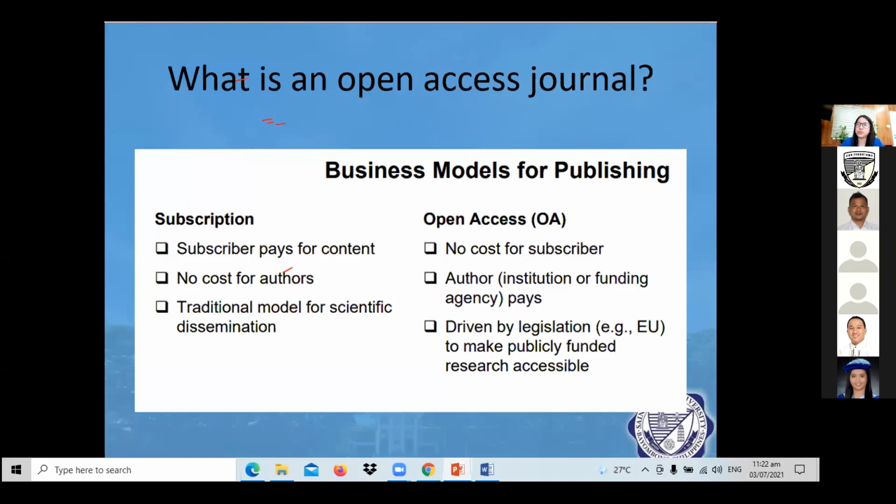So that's also one of the things you have to watch out for just in case you're going to publish. For me, personally, I had already encountered a predatory journal, but with only limited knowledge about it. I just knew that if you have to pay, it is possible that it is predatory.